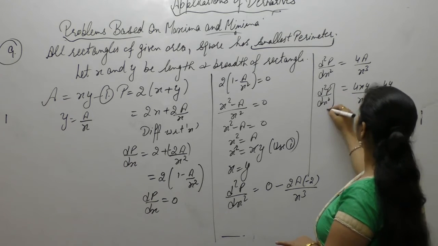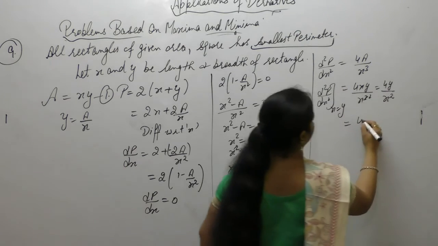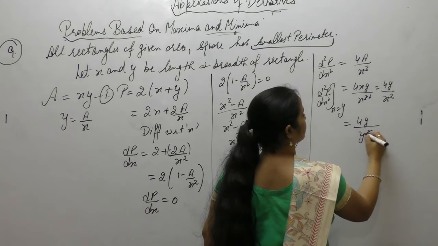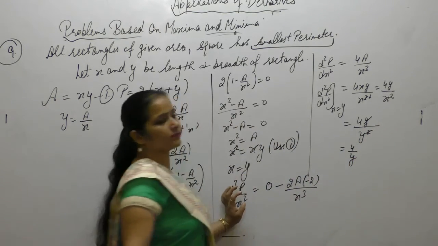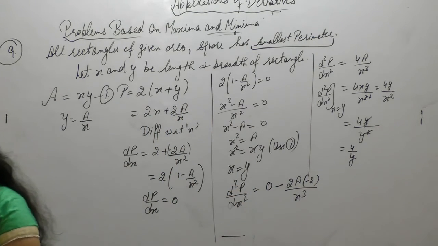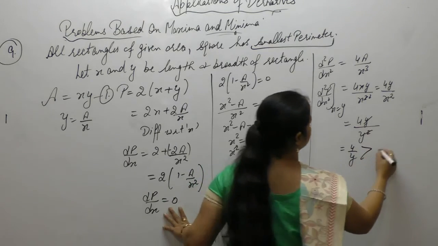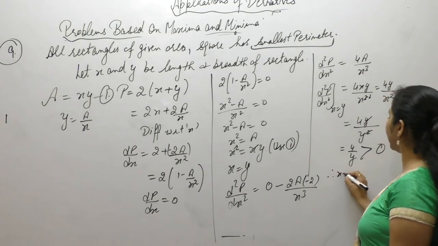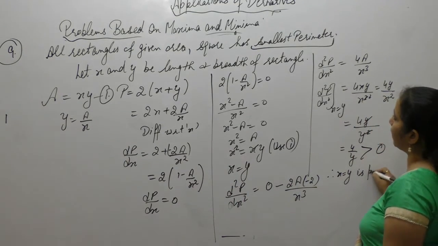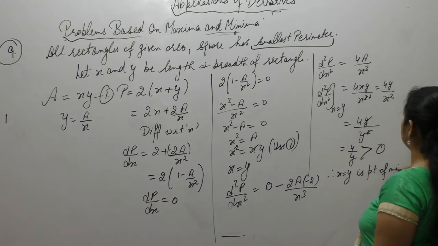And we have x equal to y. So the second derivative is greater than 0 when x is equal to y. Therefore, x equals y is the point of minima.